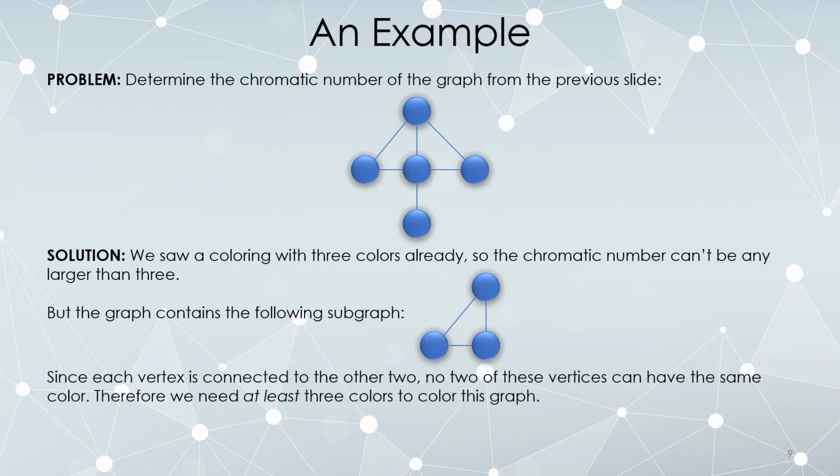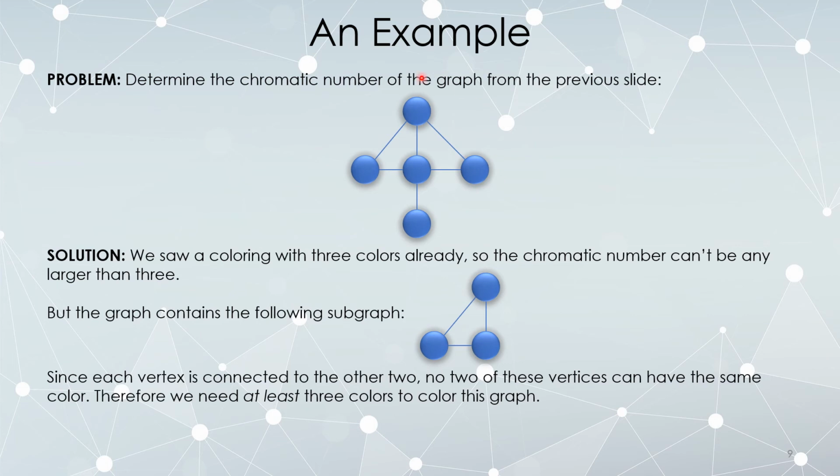Each vertex is connected to the others, so no 2 vertices can have the same color in this subgraph. So this subgraph definitely requires 3 colors. I can't make these 2 the same color because they're connected, and I can't make these 2 the same color because they're connected, and I can't make these 2 the same color because they're connected. So all 3 of these vertices must be a different color. So in the original graph, we do need 3 colors just to complete this part.